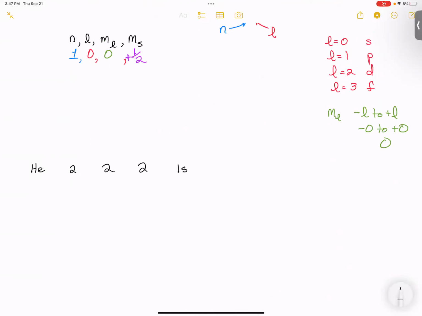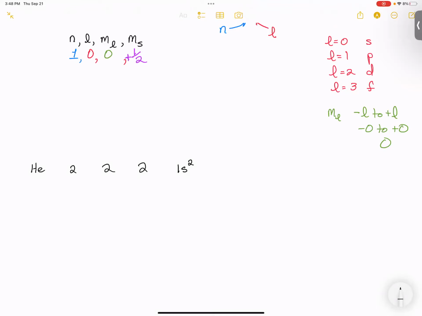But if you count over in that 1s, helium is the second element. So it's 1s2. You still cannot write a noble gas configuration, not until you get to lithium.